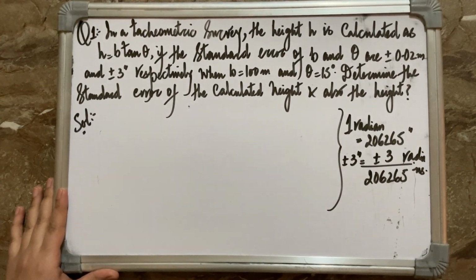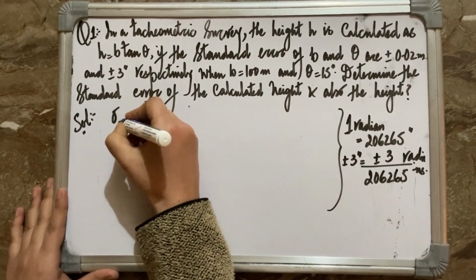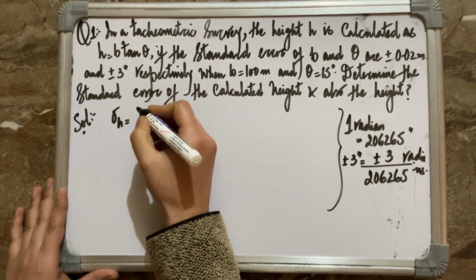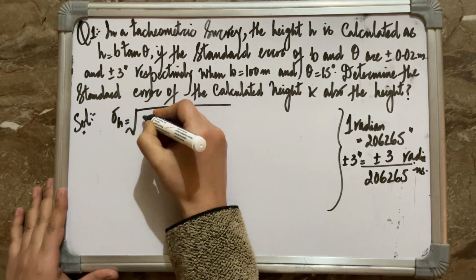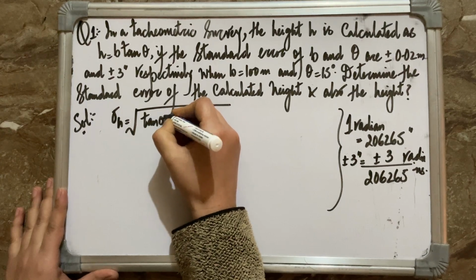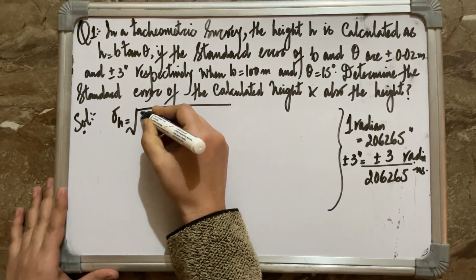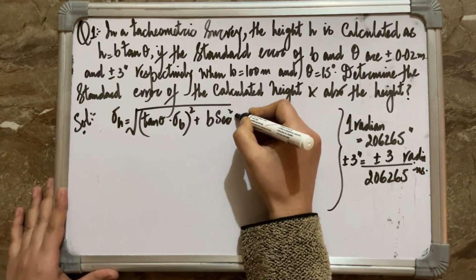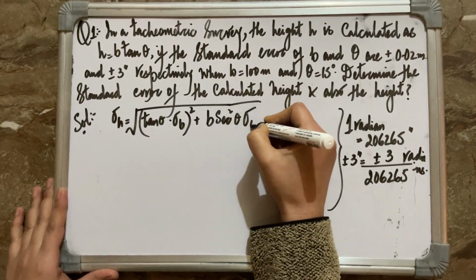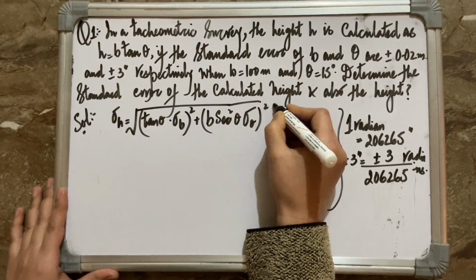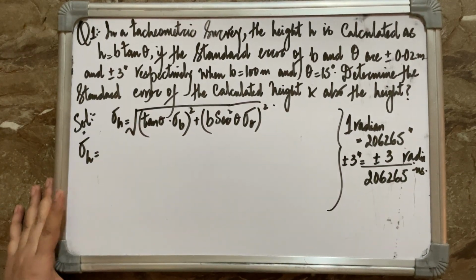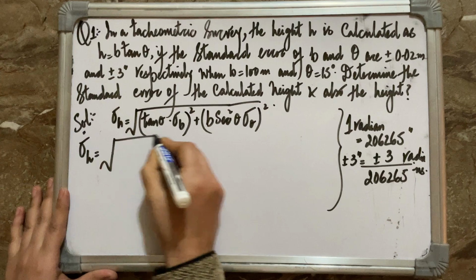So sigma h is how much? Let me write it down once again. It is under root of tan theta sigma b square of it plus b secant square theta sigma theta square of it.